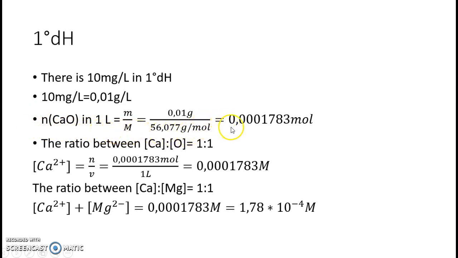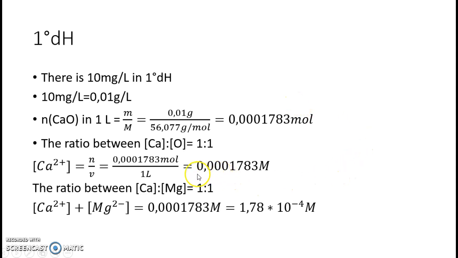It is 0.0001783 moles, and we then know that the ratio between calcium and oxygen is 1:1. Therefore, calcium 2+ ions must be the same as the amount over the volume, which is 0.0001783 moles divided by 1 liter, because we have to explain it in 1 liter.